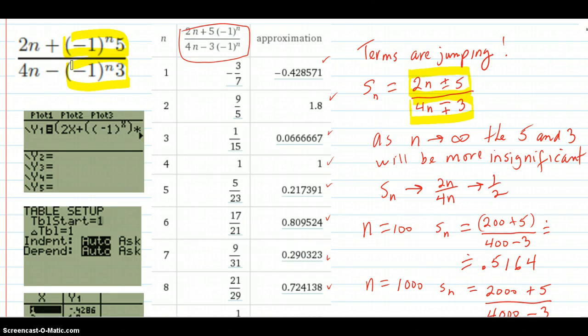Basically you can see that as n approaches infinity, the plus 5 or the minus 5 or the plus or minus 3 is going to be insignificant next to the size of the 2n and the 4n. That means that your sequence is going to approach 2n divided by 4n, which is 1/2. So you can evaluate a few numbers.